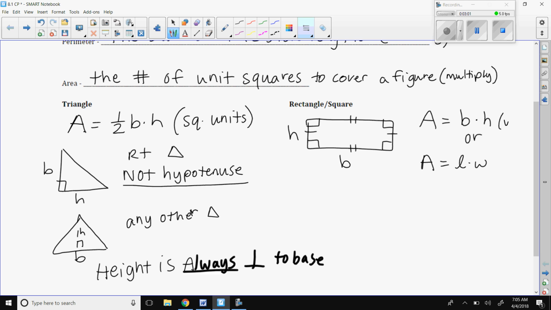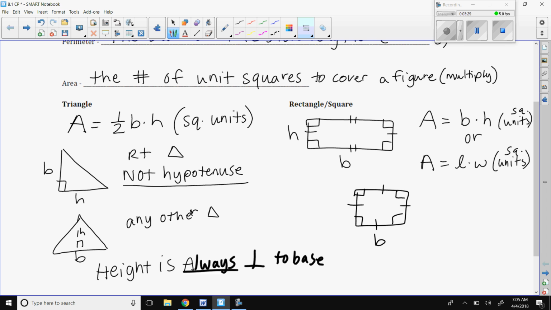Okay? And these are just going to be whatever units that you're using. We're using the square units here for our area of our rectangle. So here we have a square.